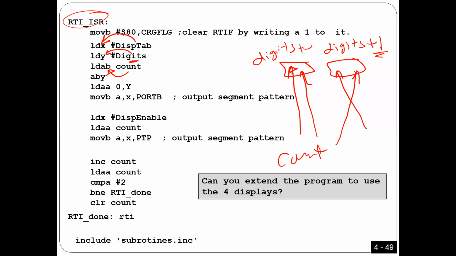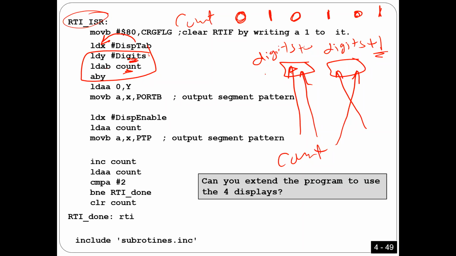So you can see here, guys, I'm going to put count in B, and then I'm going to add Y, which is digit, plus count. Look at this 3. So it's going to be digit plus 0 or digit plus 1, because count should be 0 in one interrupt, 1 in the next interrupt, then 0, then 1.